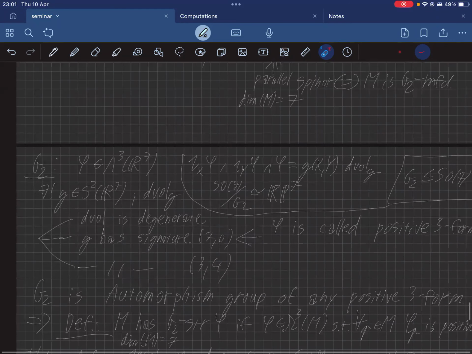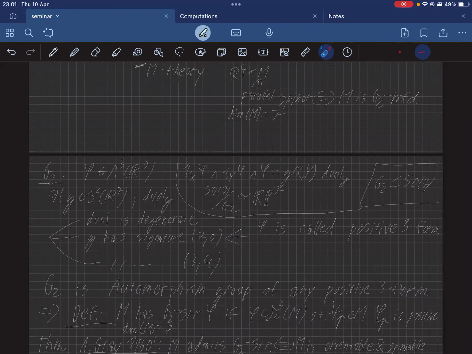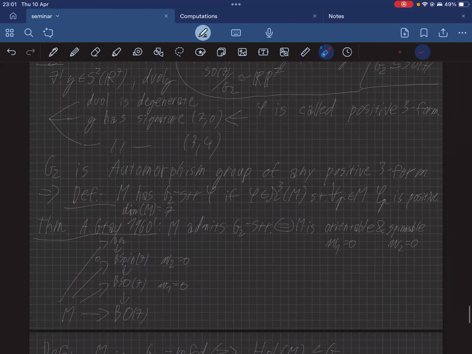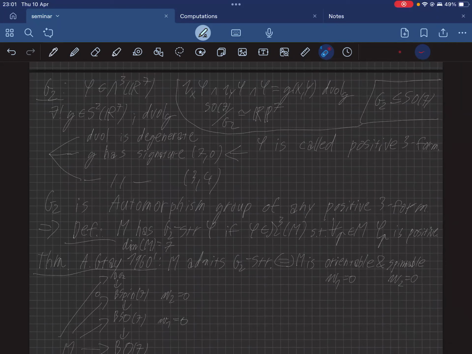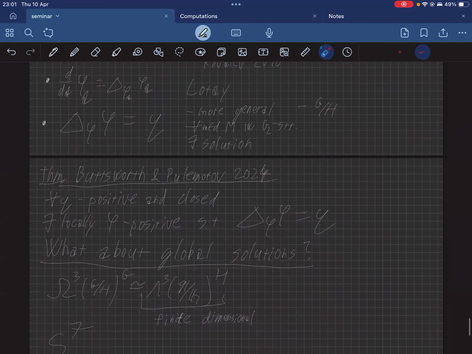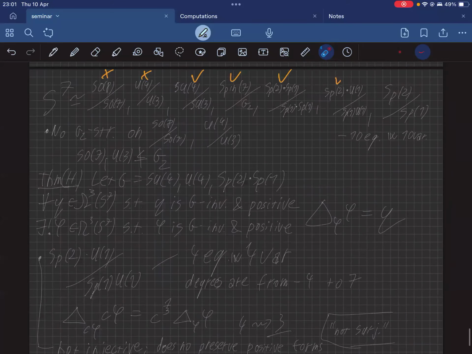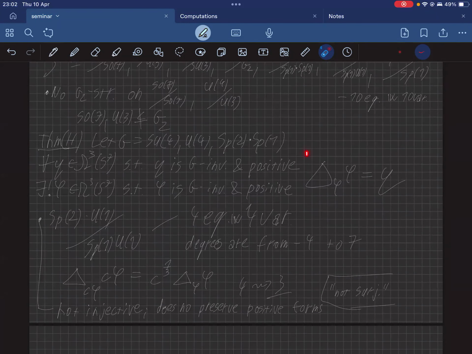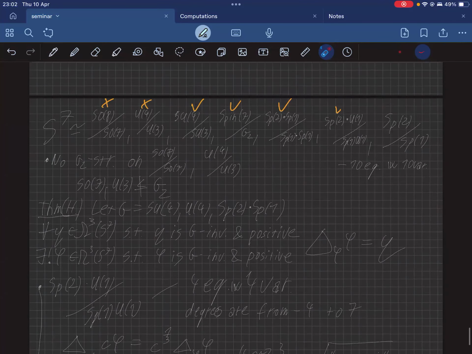So there is apparently one question from chat. Vít is asking, could you please repeat what equations we are solving in the end? We are solving the Poisson equation for, yes, most likely the right hand side. So you are on S7 and you represent S7 as a homogeneous space, one of these three guys.